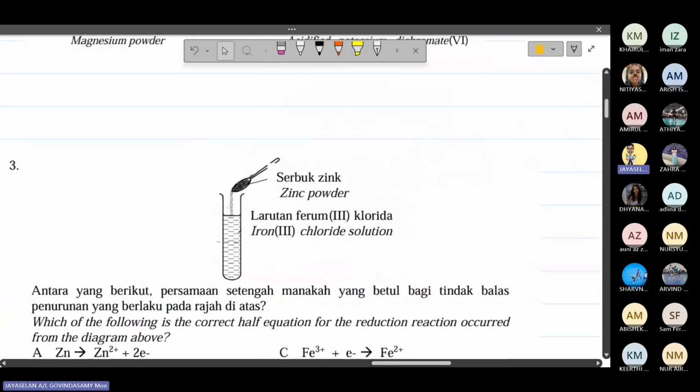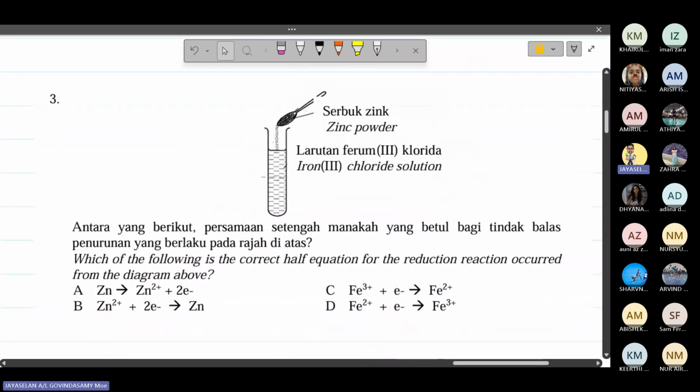Okay, next one. We do 3 questions. Okay, which of the following is correct about the half equation for the reduction? They want the half equation for the reduction.